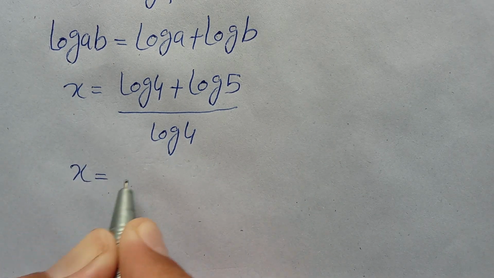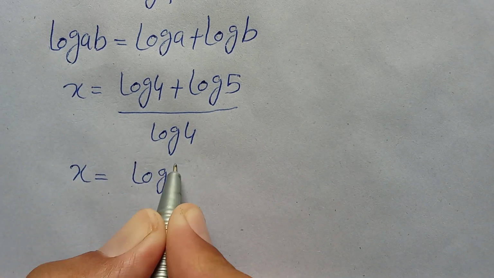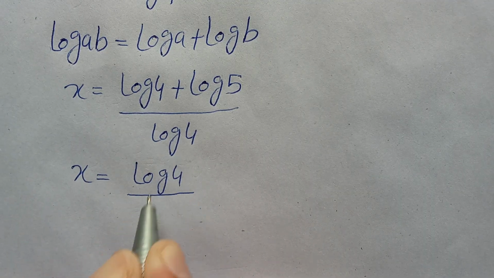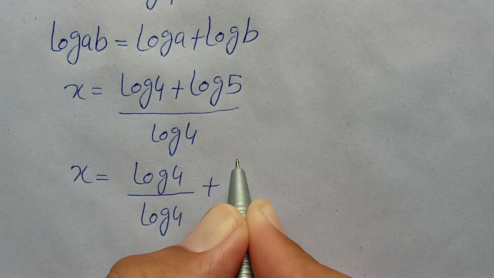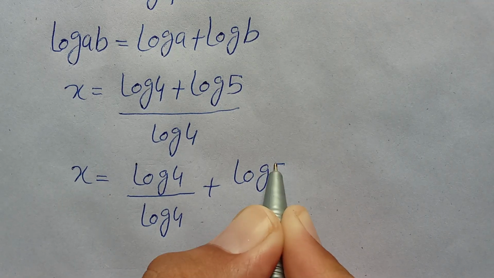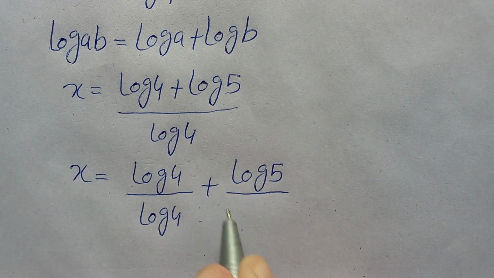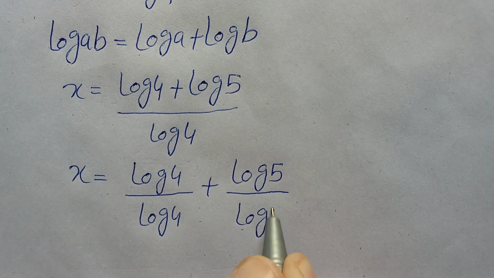So x is equal to log 4 divided by log 4 plus log 5 divided by log 4.